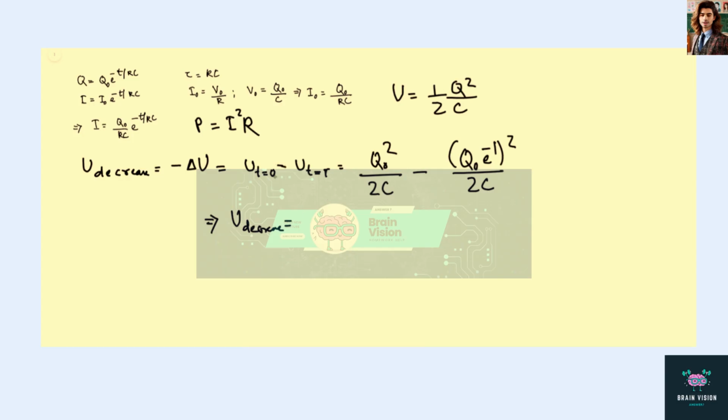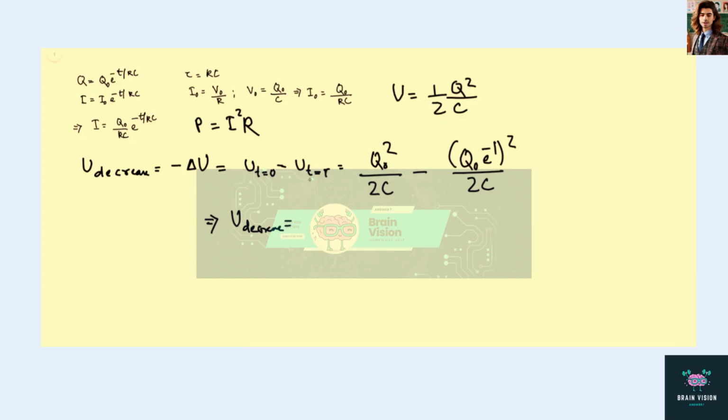One more thing that you might find confusing is, remember that the decrease in potential energy is negative of the change in potential energy, and the change in potential energy is in fact the final minus initial, which is U at t equal to tau minus U at t equals 0.